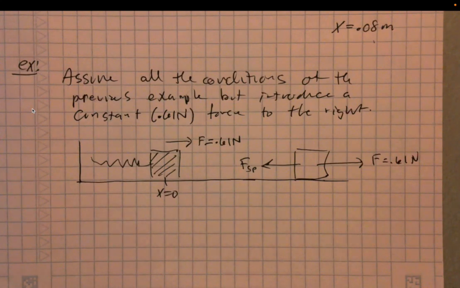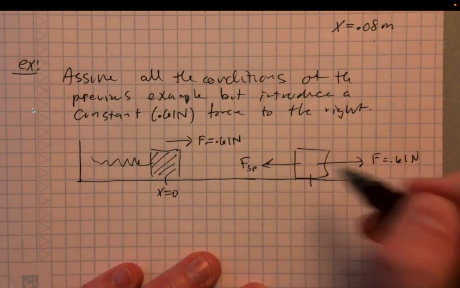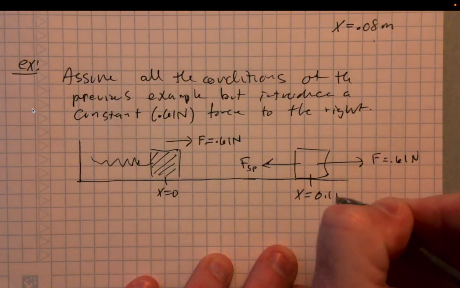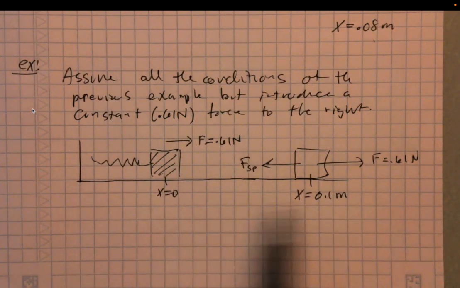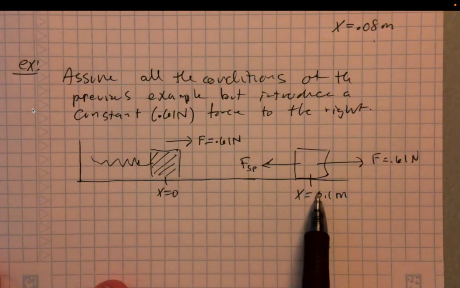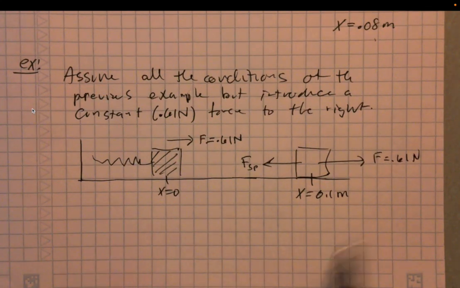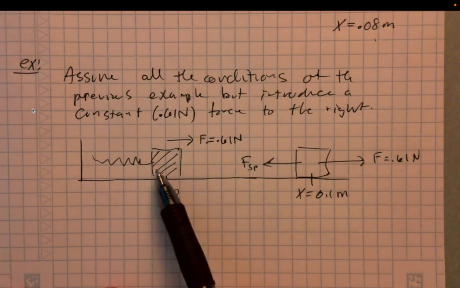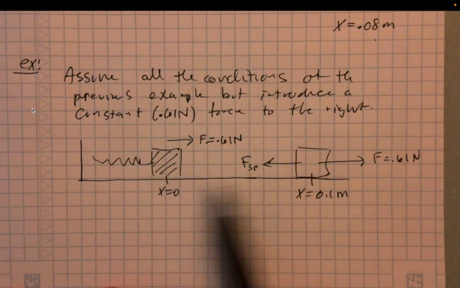And the question is, here's x equals 0, and over here I've got x equals 0.1 meters. What's the velocity of the block when it reaches this point now? Presumably 0.61 newtons is going to overcome the spring force if it starts to move this direction.